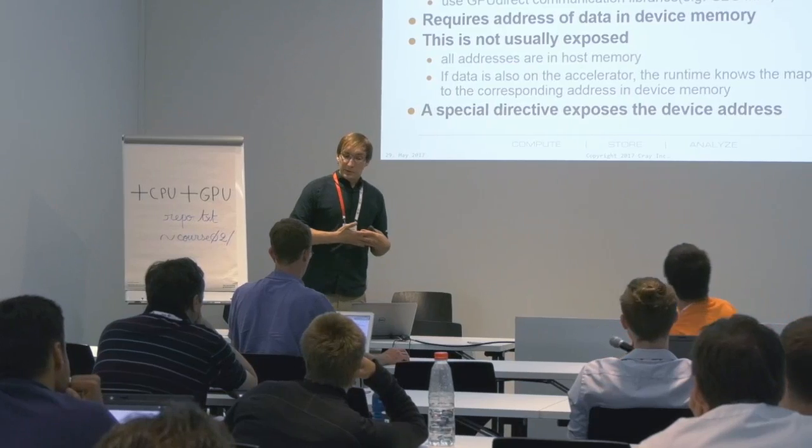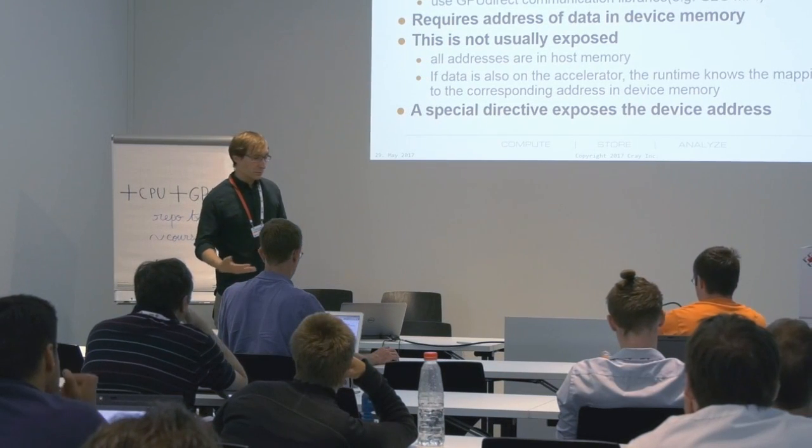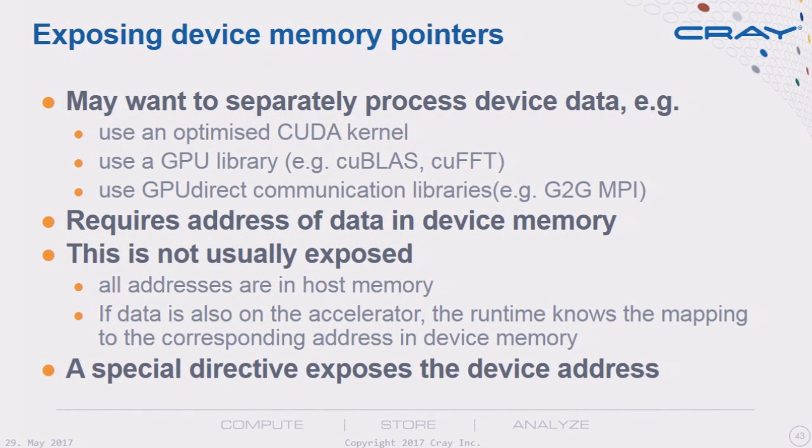So what else can you do, especially if you maybe want to interoperate with other programming models like CUDA? You can also expose the memory pointers to your code or to different parts of your code, which may be optimized in CUDA kernels.